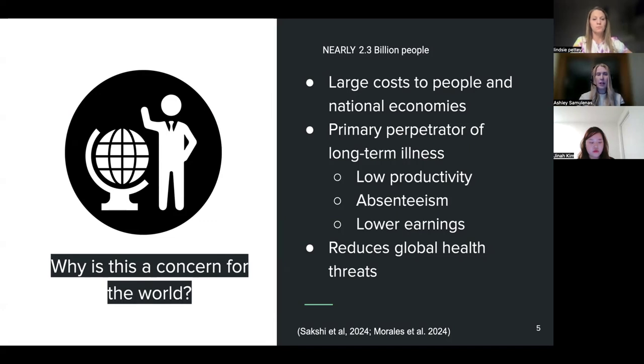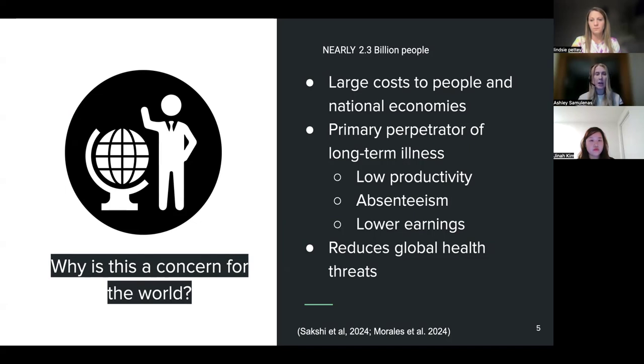Poor nutrition during child and adolescence in particular, again, can impair cognitive development, which then reduces attainment. So there are lost employment opportunities over a lifetime, thus perpetuating the cycles of poverty and inequality again across generations.